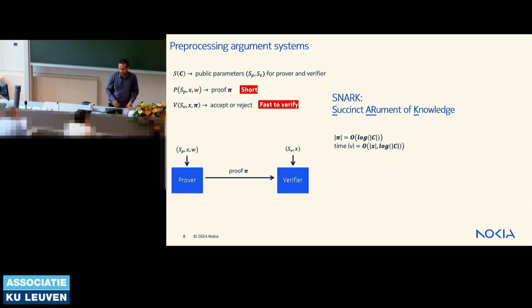It means it's logarithmic in the size of the circuit, the size of your program. And also the time to verify has to be logarithmic in the size of the circuit or the size of your statement. Because you have to read the statement to be able to verify it, and it takes time to read that. How big is that? I don't know. So this means it's succinct. The proof is small, and also the verification is very fast.